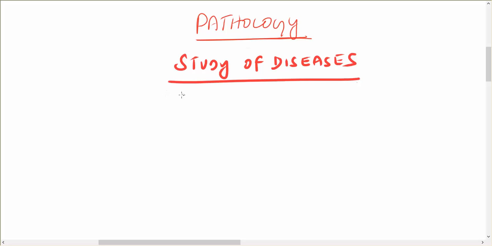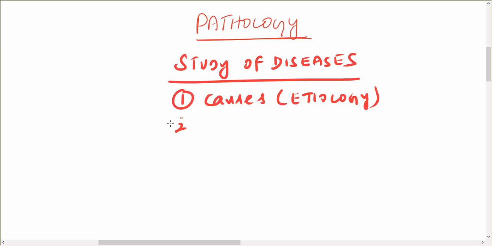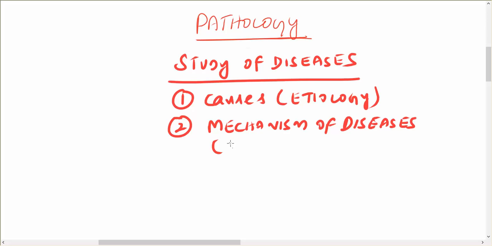In pathology, we will be studying what causes the disease, that is called etiology, and the mechanism of disease, that is called pathogenesis. Okay. Because of these reasons, the patient gets symptoms and signs.